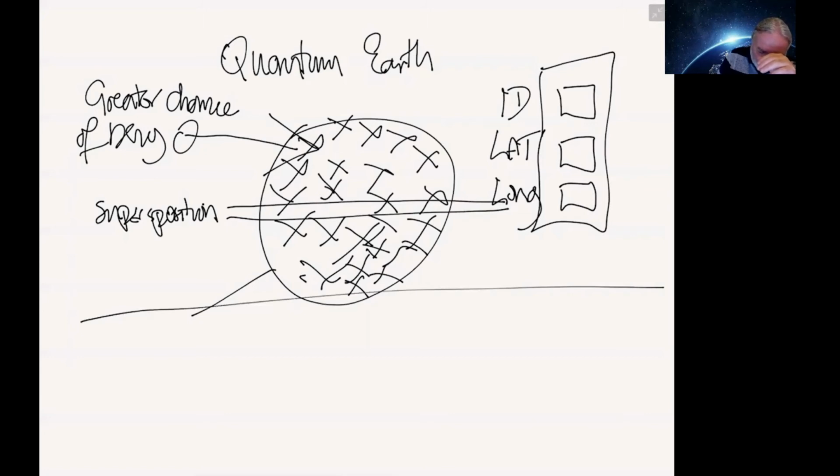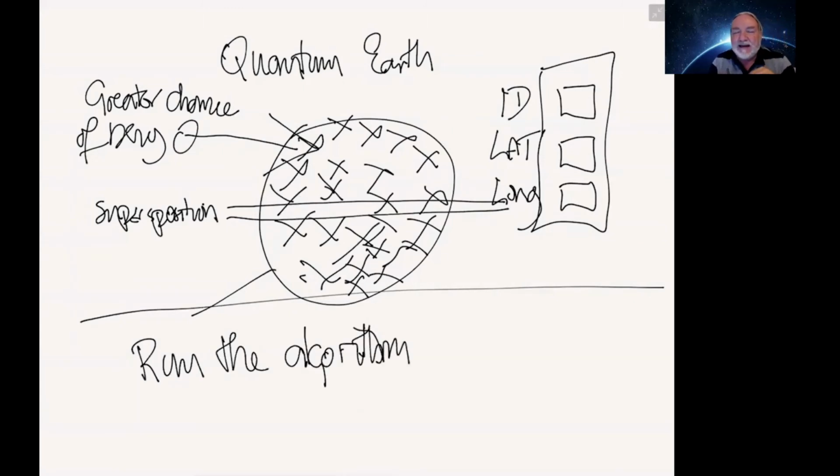We then run the algorithm. An algorithm is just all of the quantum gates in total, and all of the complex multiplications. It's a collection of them together. So it's X gates, NOT gates, Hadamard gates. At the end of it, it's just one algorithm.